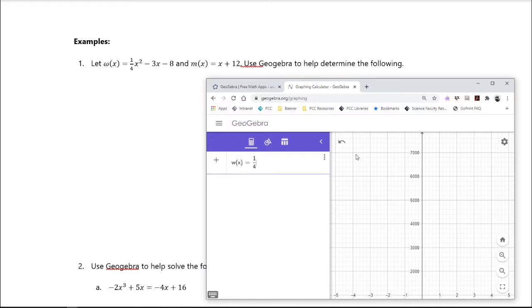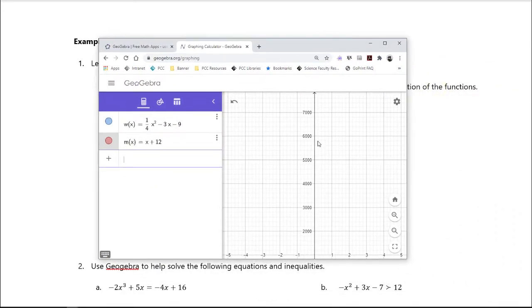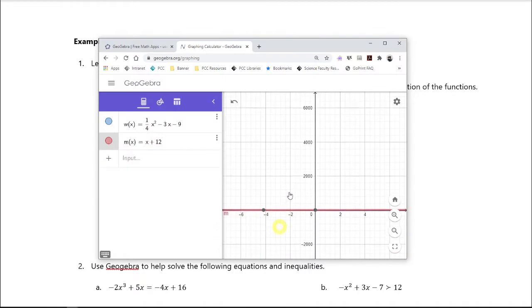I'm going to use the right arrow to get out of the denominator. x caret to the second minus 3x minus 8. Hit enter. We're going to have to change our viewing window here in a second. Let's get the other function in as well before we do any of that though. We have m of x equals x plus 12. Hit enter there.